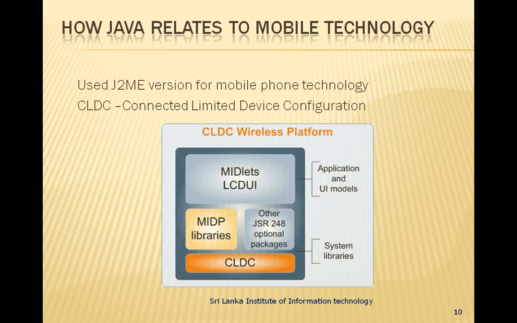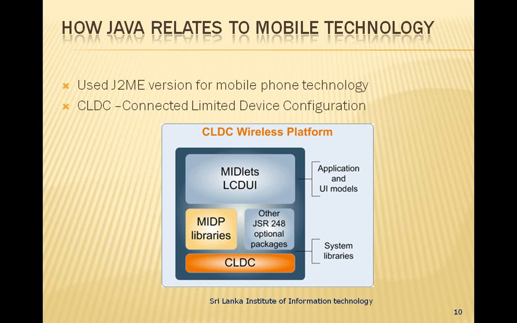In this slide, let's see how Java is related to mobile technology. Over time, the Java ME platform has been divided into two basic configurations. One is to fit small mobile devices and the other one is targeted towards more capable mobile devices like smartphones and set-top boxes.